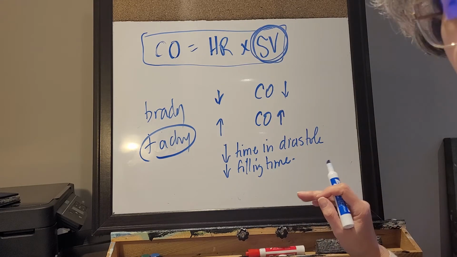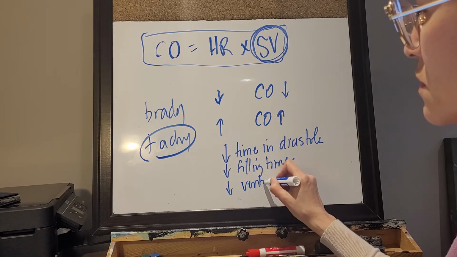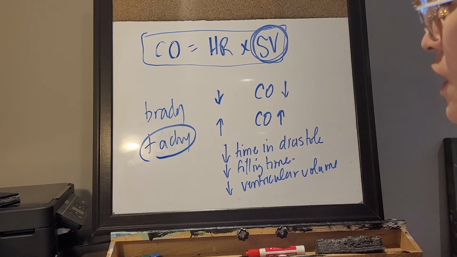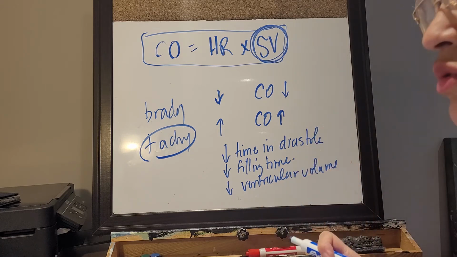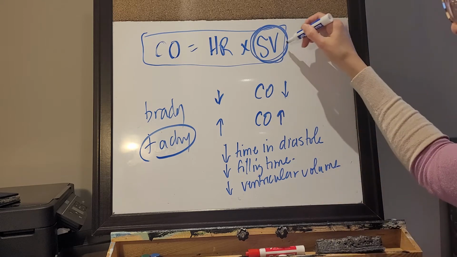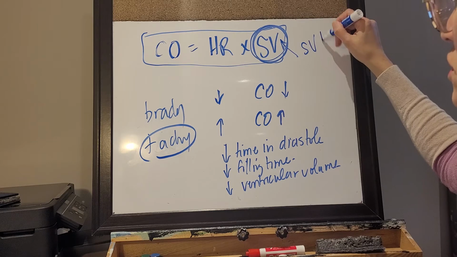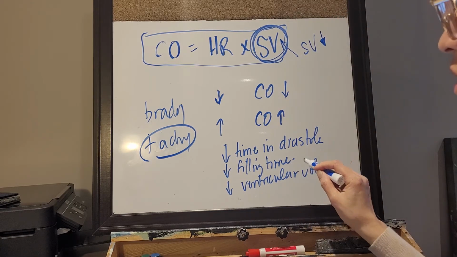So if we decrease our filling time, then we decrease the ventricular volume. And if the ventricular volume is down, then obviously on one contraction or one squish, there's less volume in there to squish out. So in a tachyarrhythmia, stroke volume starts to decrease because of this decreased filling time.